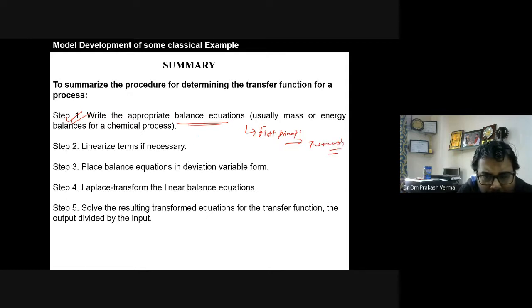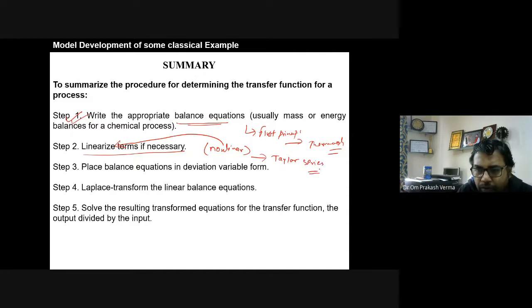If the model is non-linear, then your duty is to linearize it using the Taylor series. Second, first you write the equation, then you look into the system, whether it is non-linear or linear.